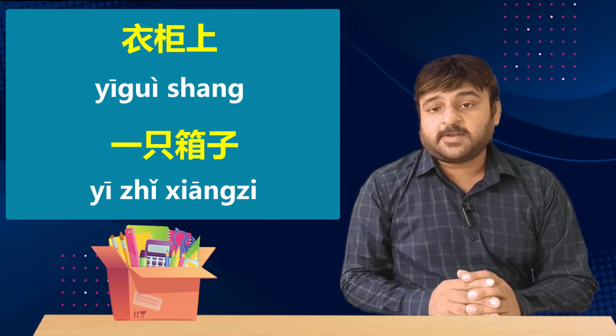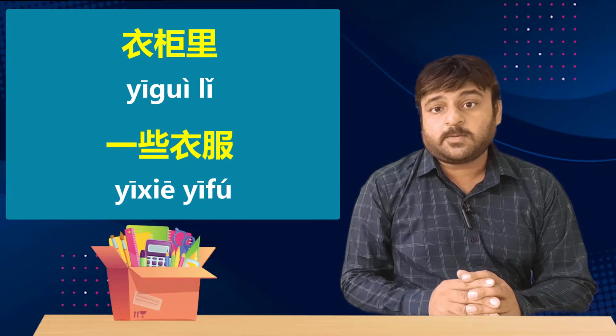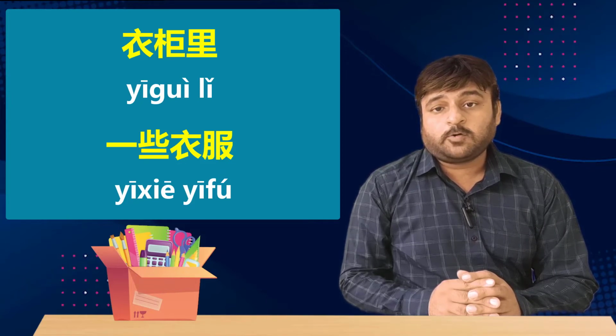Moving on to the second word in the box. 衣柜里 inside the wardrobe. 一些衣服 some clothes. Replace these two words in the above sentence to make a sentence which means inside the wardrobe are placed some clothes.